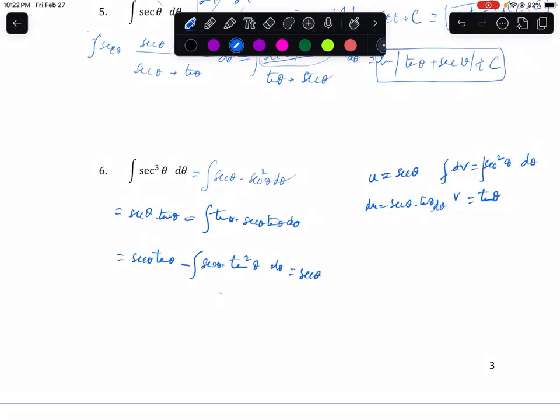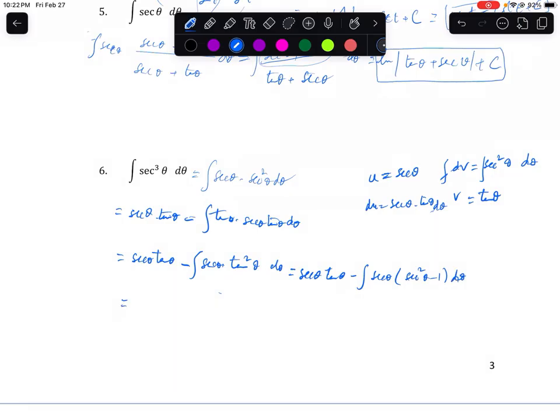So I have secant theta times tangent theta minus the integral of secant theta times secant square theta minus 1 d theta.